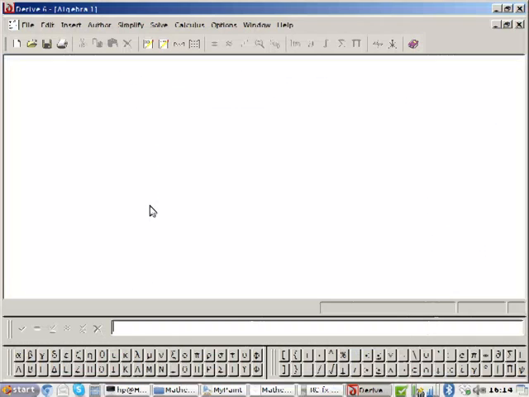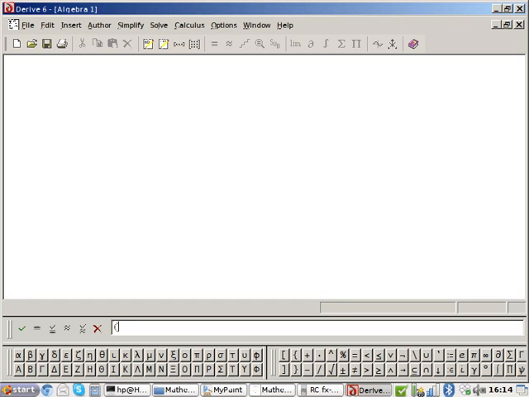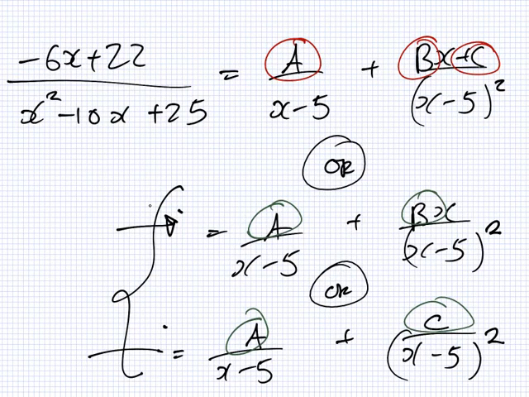No. Let's have a look. So, what did you get for A? Okay, Lee basically got the same values. Okay, Lee. What's A? Minus 4.4. Okay, minus 4.4 over x minus 5 plus, and what did you get for B? Minus 150.